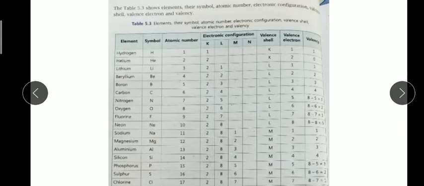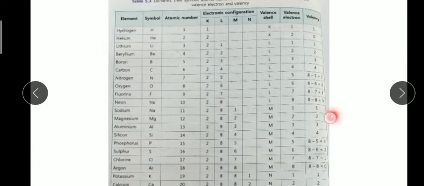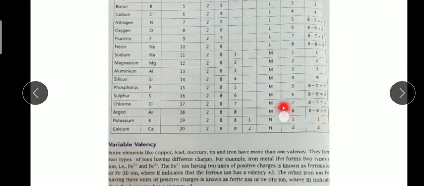The same table is given in chapter number 4 also. Table 5.3: elements are given, symbol, atomic number, their electronic configuration, the distribution of electrons we can see here in different shells K, L, M, N, their valence shell, their valence electrons and their valency. Here in this table you can see they have solved also.